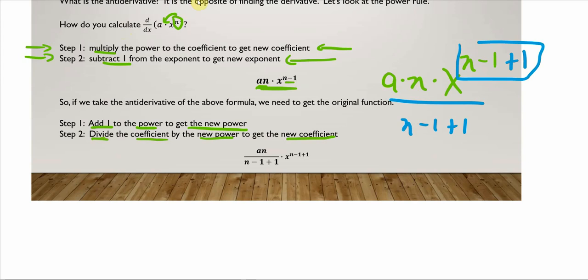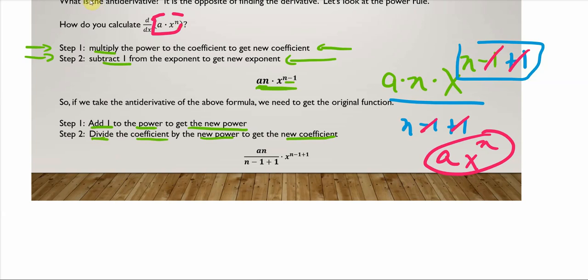Well, n minus 1 plus 1 is just going to give me n, so this guy and this guy reduce, so I'm going to be left with x to the n. Down here, this guy reduces to 0, so I really have a times n divided by n, which is a. So this is what I really started off with, and if I look at it up here, sure enough, I have the exact same thing that I have down here.